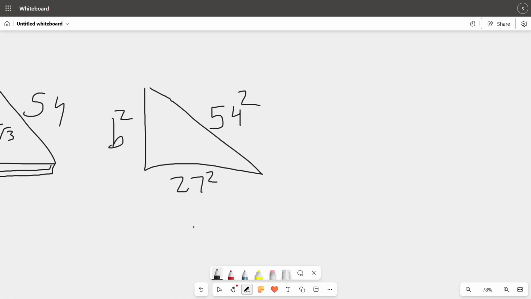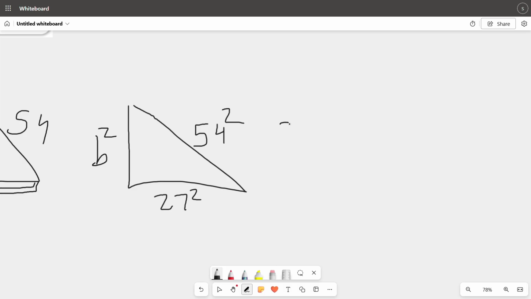And now we can solve. So what's 27 times 27? That'd be 729 plus b squared equals 54 times 54, which is 2916.